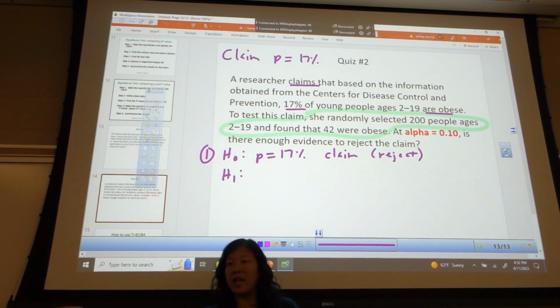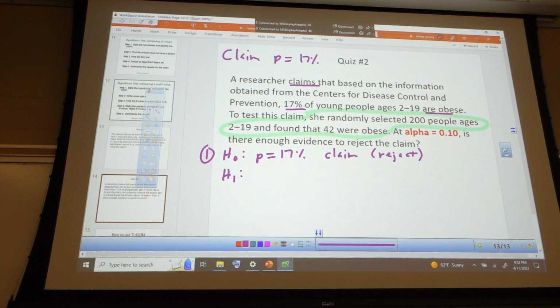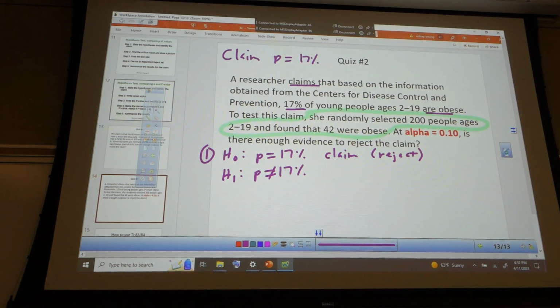Smaller than or bigger than means not equal to. So H1 would be not equal to, because that's how I disprove H naught: if P was not equal to 17%. Everyone feeling all right with that? Okay.